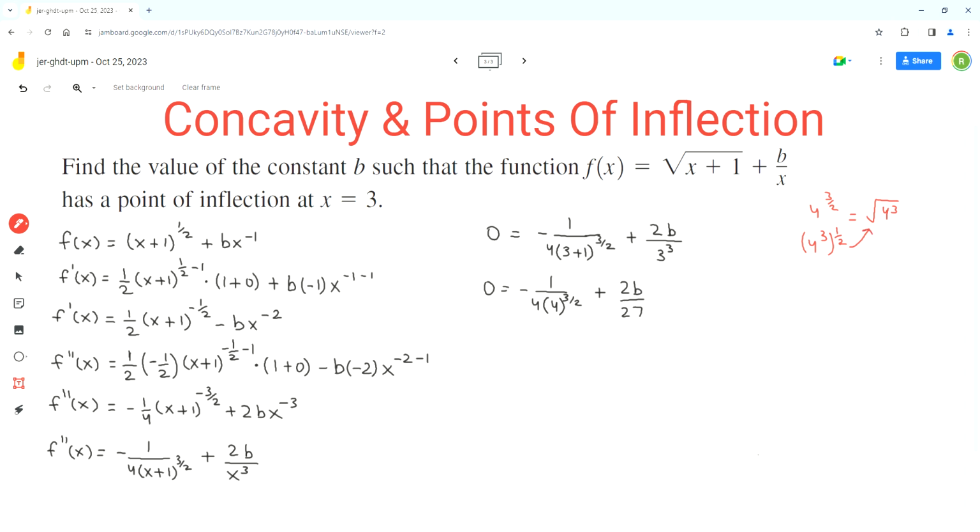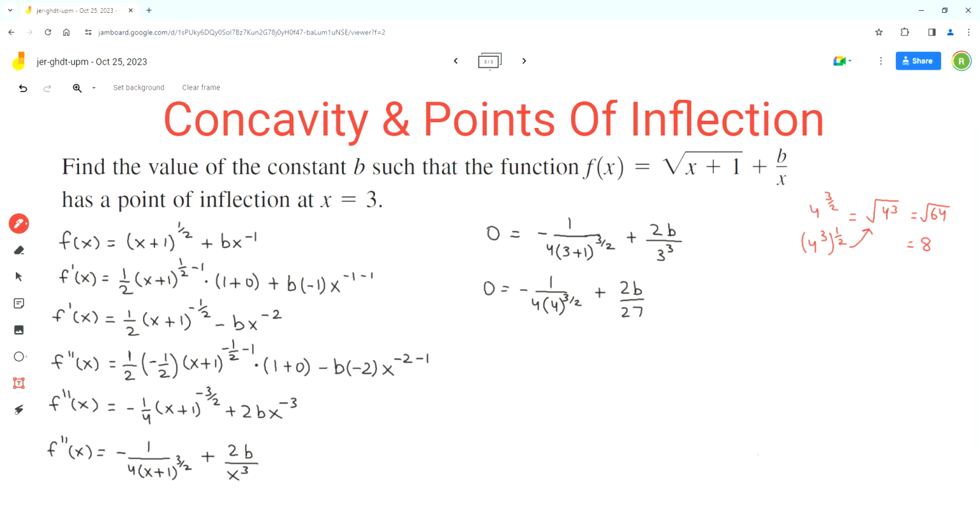Then we get 4 cubed under the square root, and 4 to the power 3 is equal to 64. So it's basically square root of 64, which is equal to 8.